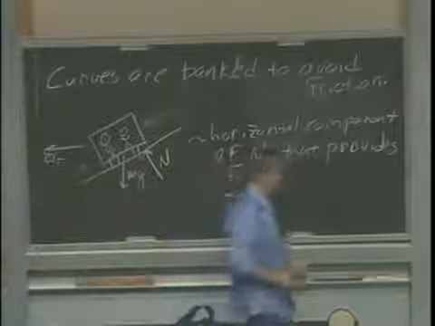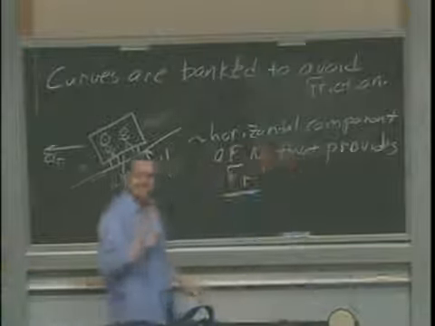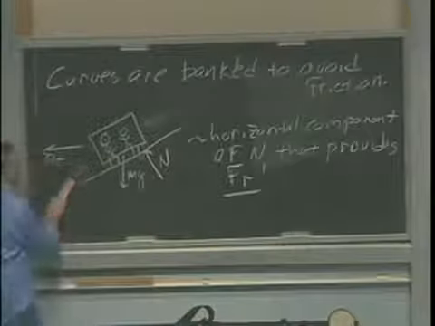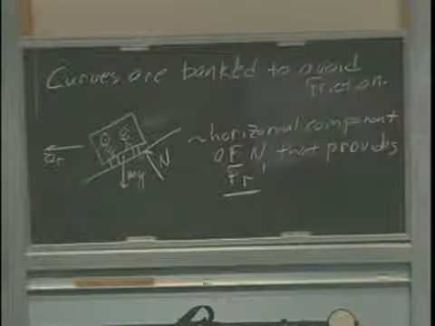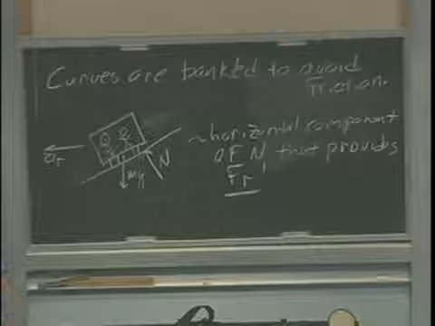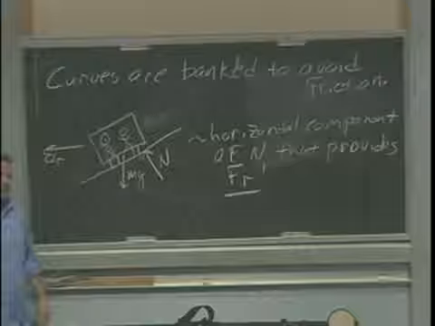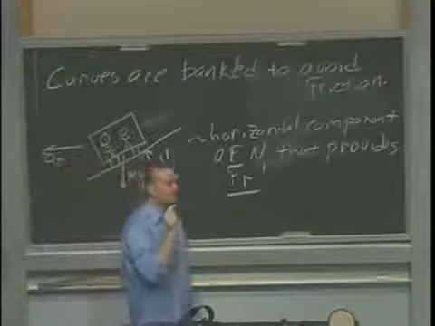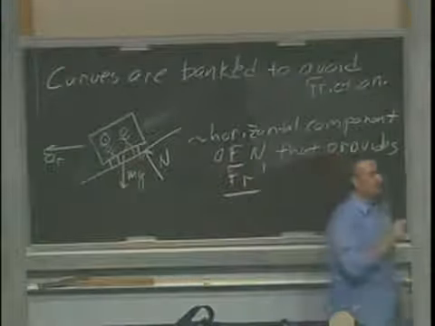So it's actually good to go around the curve exactly at the speed that it claims. If you go any slower, you're requiring frictional force as well. The caveat to that is, remember that acceleration goes as the square of the speed.